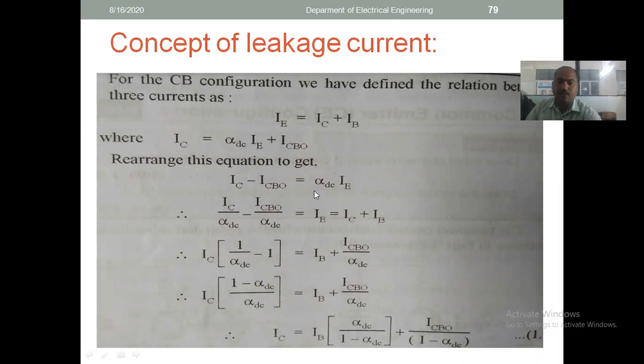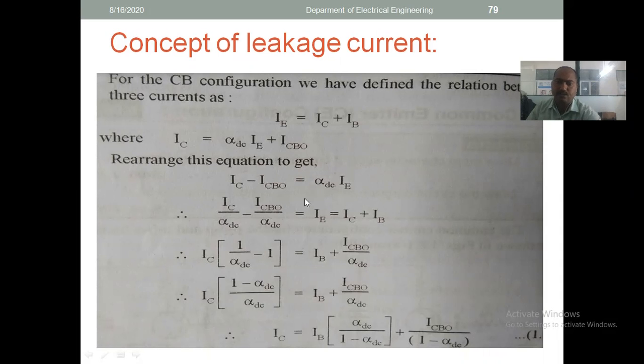Alpha DC multiplied by IE goes to the other side as a divisor. So it is IC minus ICBO divided by alpha DC, or separately, IC divided by alpha DC minus ICBO divided by alpha DC, which is equal to IE.